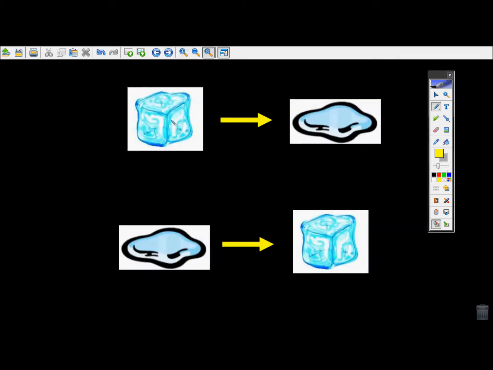Alright, so here, an ice cube is melting. What do you think that would be? Do you think that would be endothermic or exothermic? It would be endothermic. So if it's endothermic, this system would have a positive delta H. And we've got water freezing into an ice cube, which is exothermic.